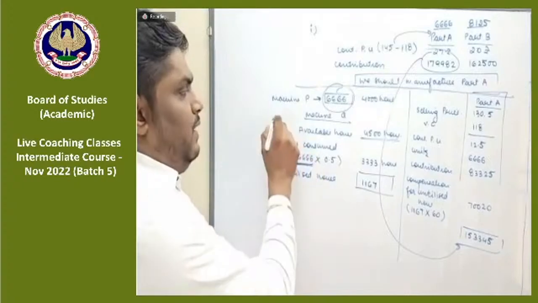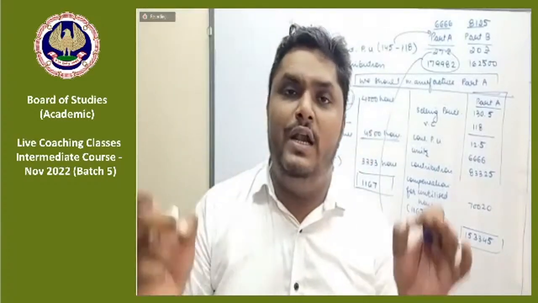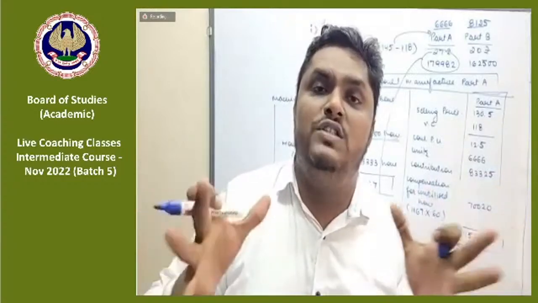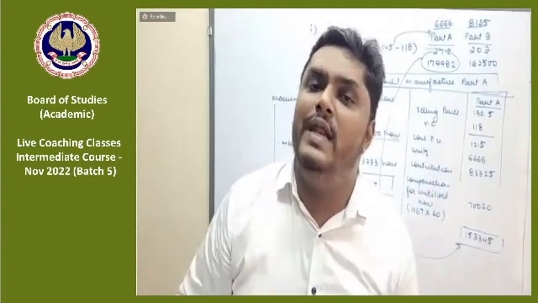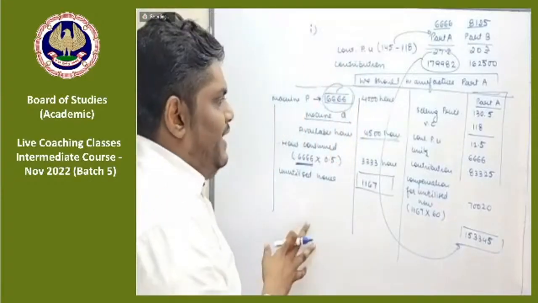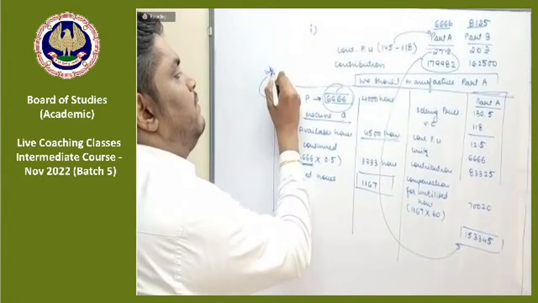Very simple, Madhuri. When talking about machine Q, very important, machine P was utilized in full. Because of machine P only, we were able to manufacture 6,666 units.